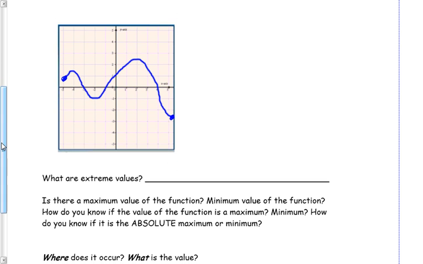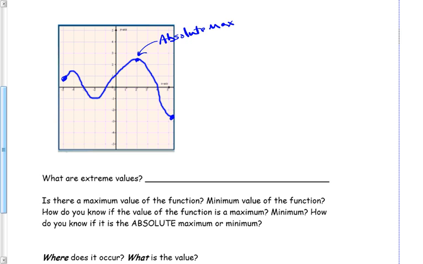So where might the absolute maximum be on this function? Right around here, 2 and 2.5, right? That point right there we would refer to as an absolute max.